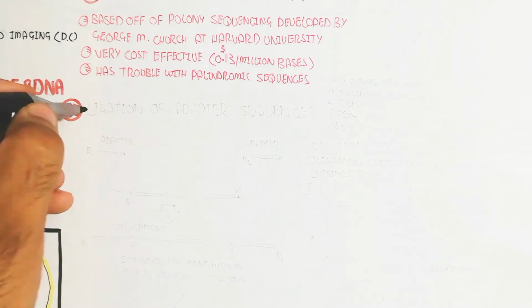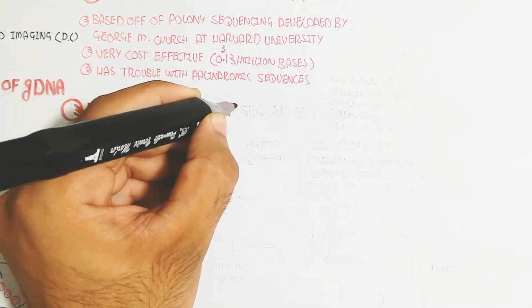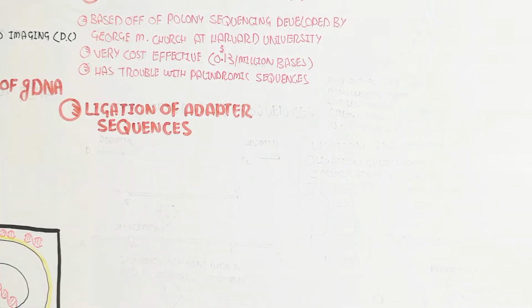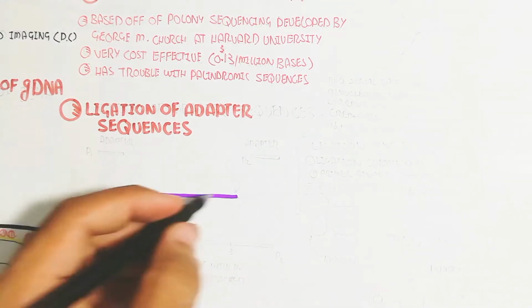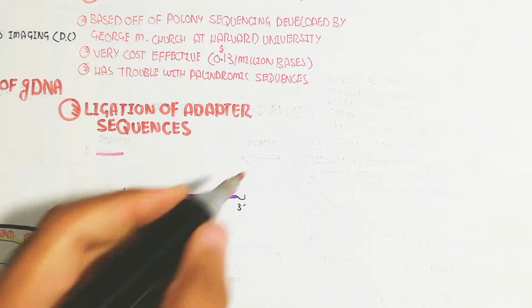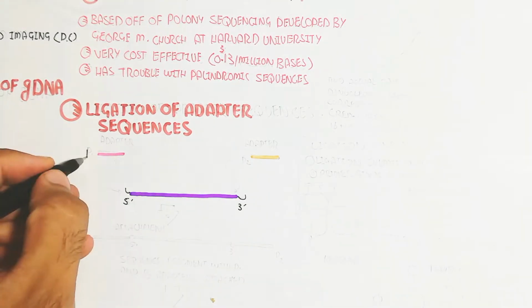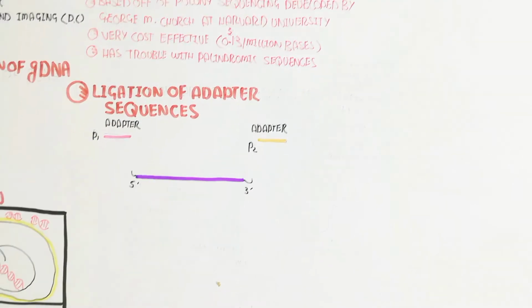Let's begin to understand the ligation of adapter sequences. We use two types of adapters, P1 and P2. The adapter binds with the 5' side containing the P1 adapter, while the 3' side of the DNA sequence contains the P2 adapter. This is the ligation, done through a ligase enzyme.